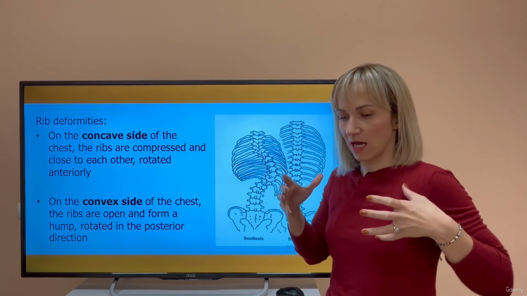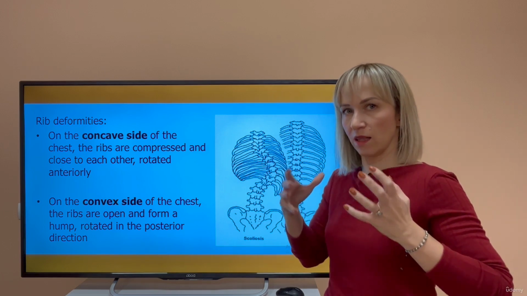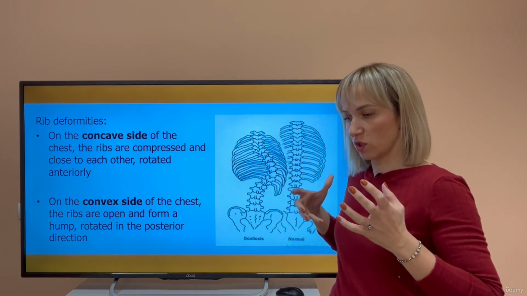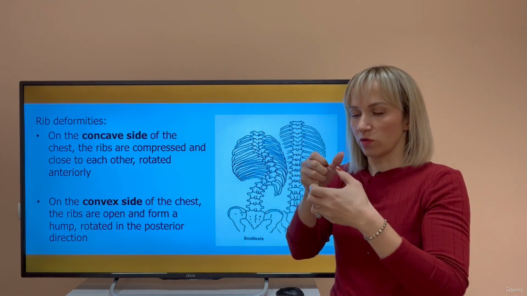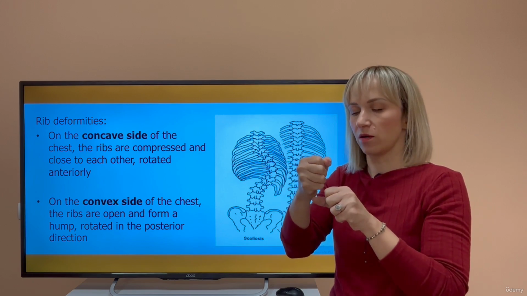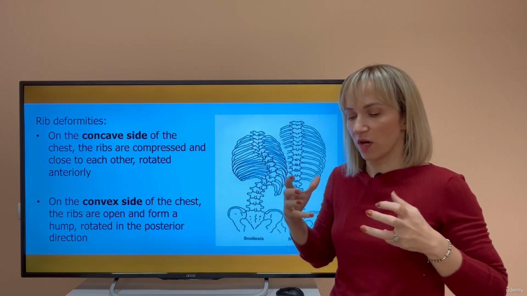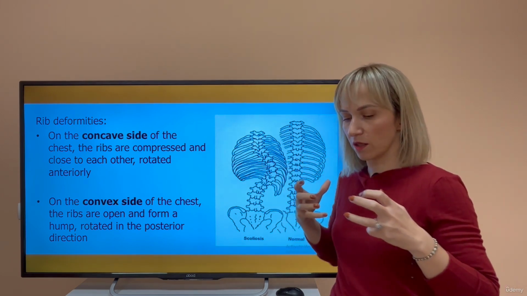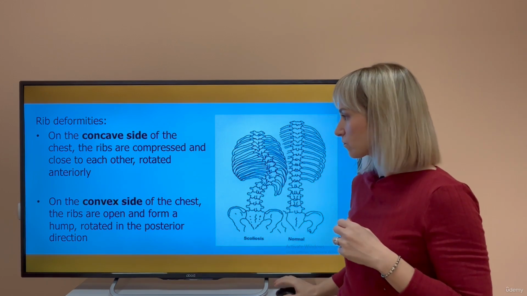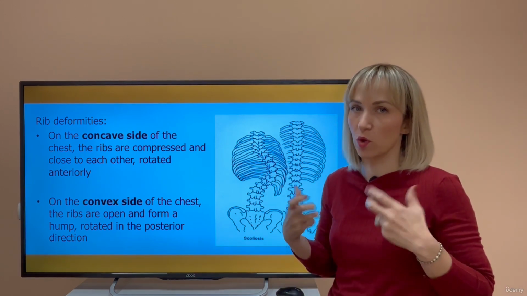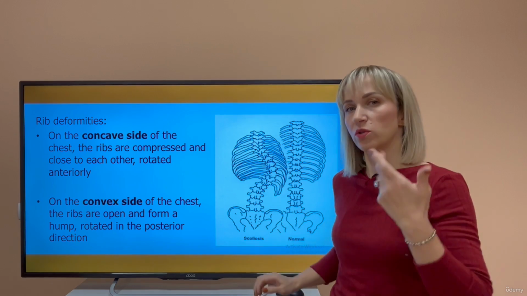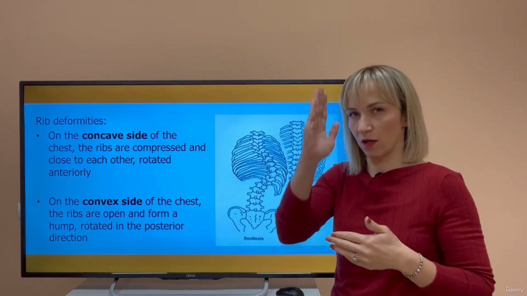In the concave side is rotated anteriorly, and in the convex side is rotated posteriorly. So the torsion of the vertebra and the rotation of the vertebra is very important also in the rotation of the ribs. And with this rotation of the ribs, you have to work a lot to derotate the ribs and elongate the spine.